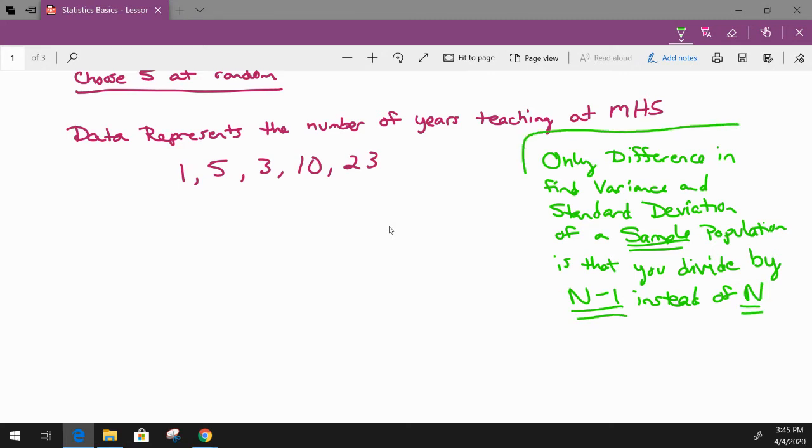That is really the only difference. And also knowing that it's a sample of a larger population rather than the entire population.